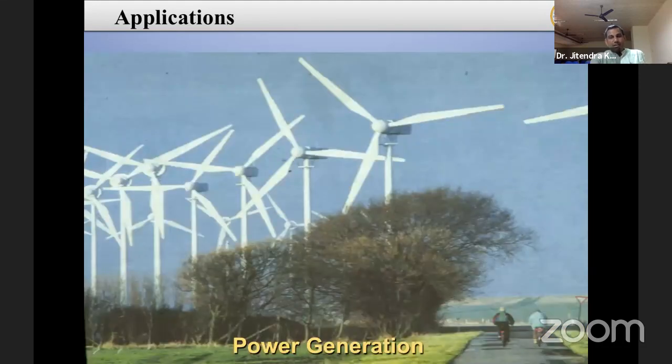Power generation also, because of the major effect of cyclic loading on the wind turbines. The wind also has some humidity, and corrosion resistance and other properties are needed. So we use composite material to increase wear resistance, corrosion resistance, high stiffness and high strength. So in power generation applications like wind turbines, we also prefer composite material.